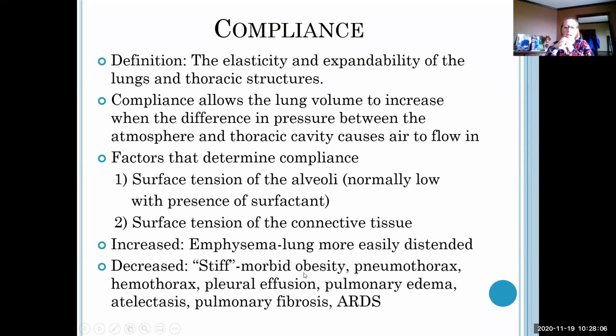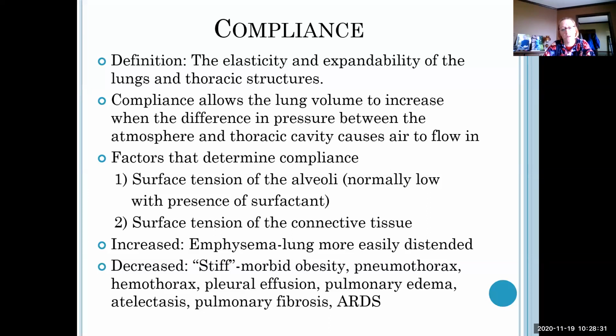And then compliance. Compliance is the elasticity and expandability of the lungs and thoracic structure. It's essentially how easily the lungs expand. It allows the lung to increase with the difference in pressure between the atmosphere and the thoracic cavity, which causes air to flow in.